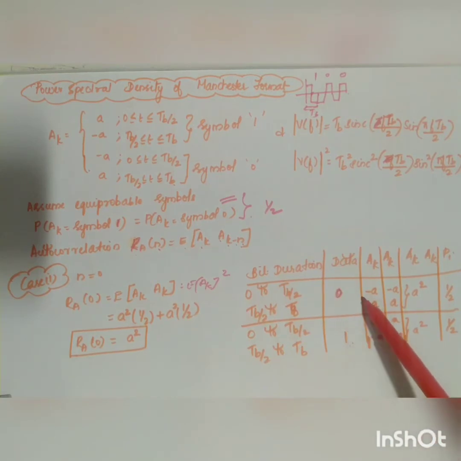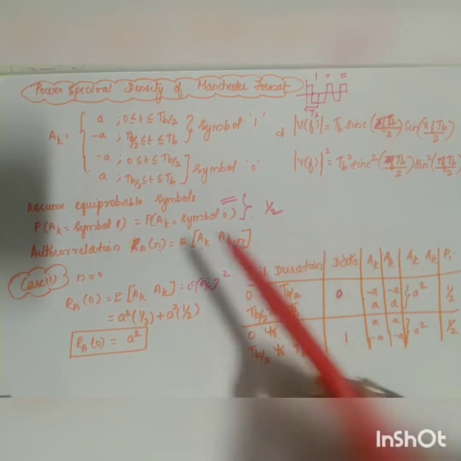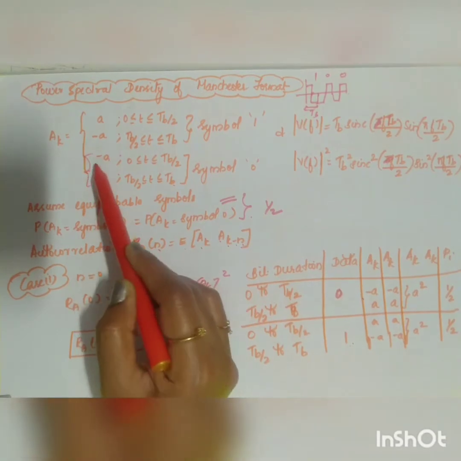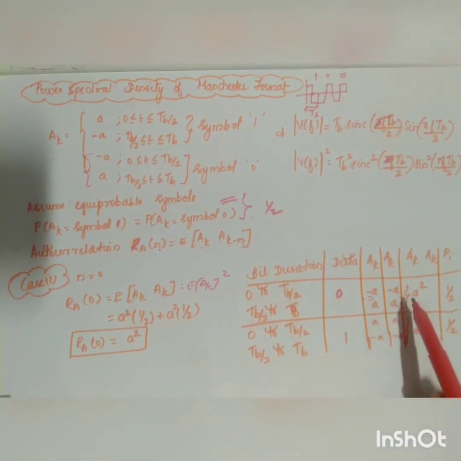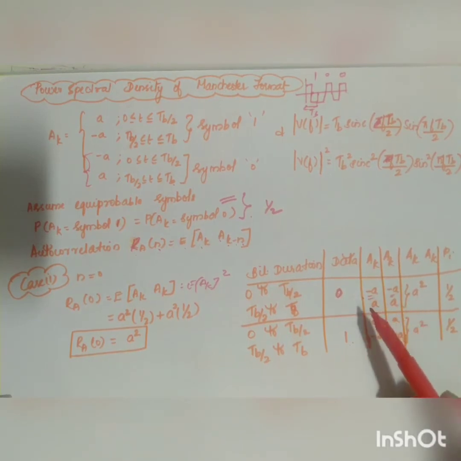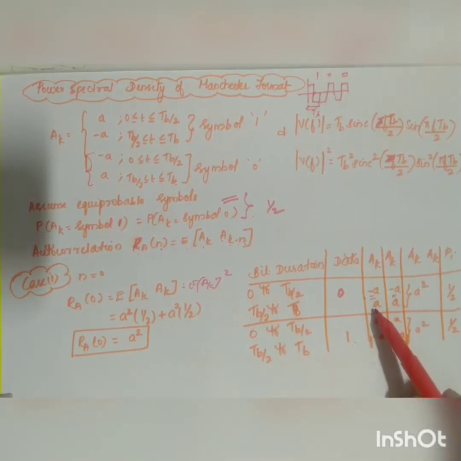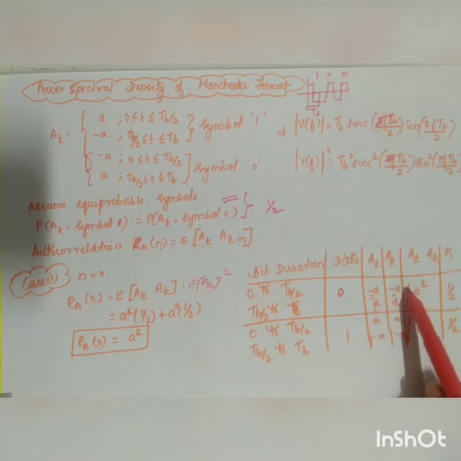If symbol 0 is transmitted, what are the combinations you have? For 0 itself, you have two combinations: minus A and A. So you are going to replace the 0 by minus A for the first case, and A A for the second case. For both the cases it is going to be A square.